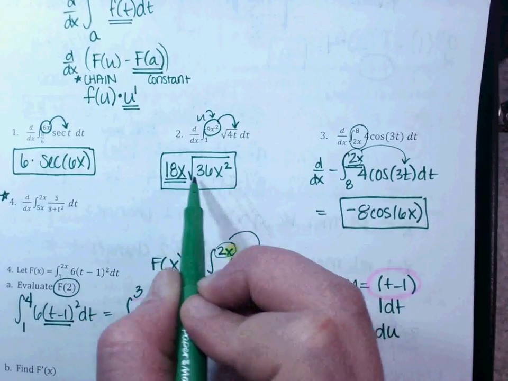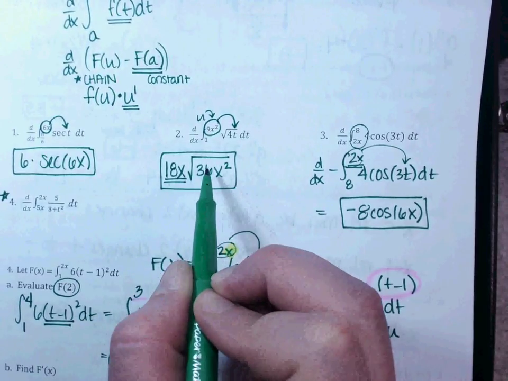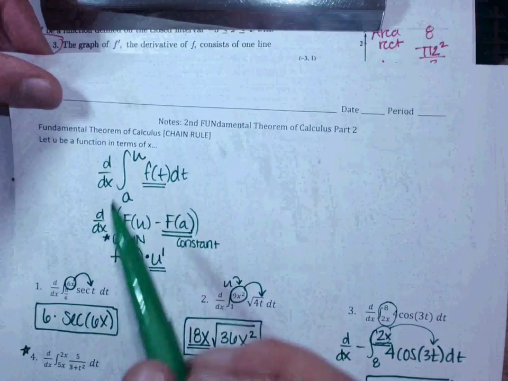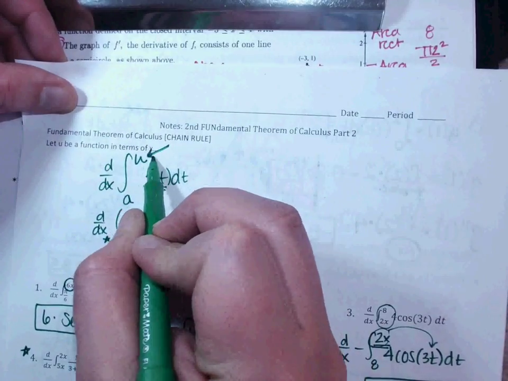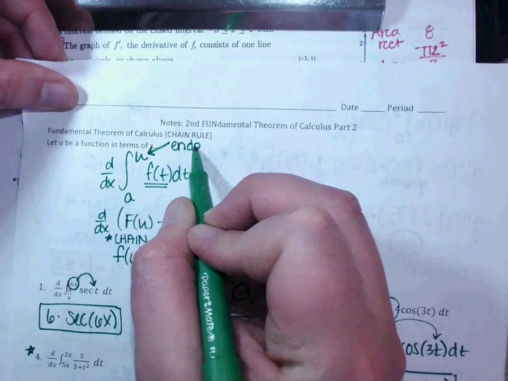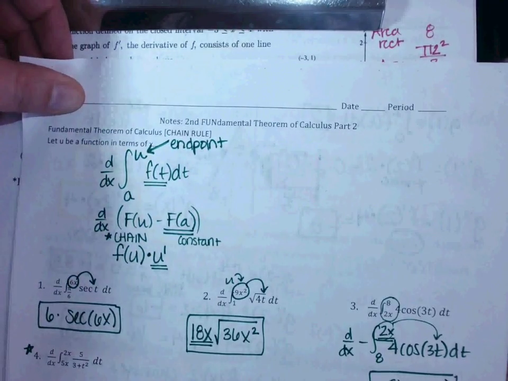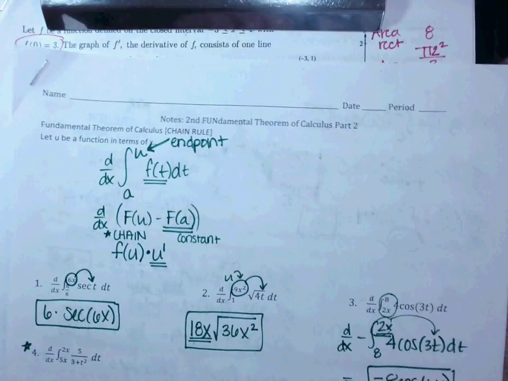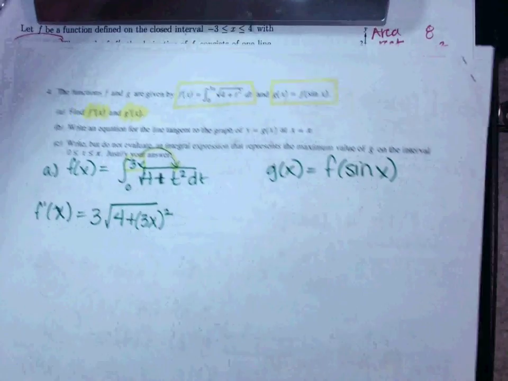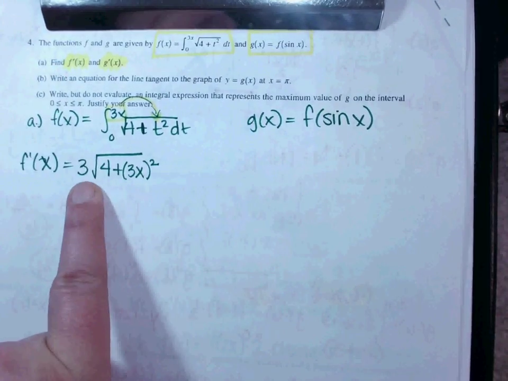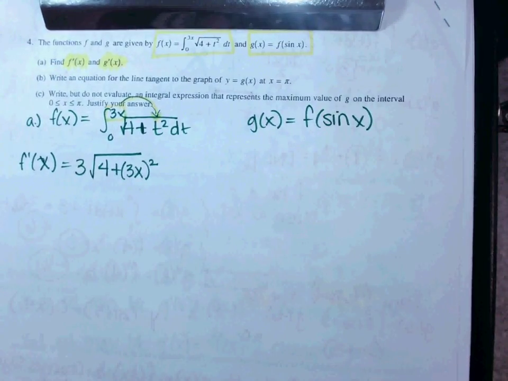You're not taking the derivative of this. You're taking the derivative of the end point. So look at your integral. U is the end point. Plug the end point in, then multiply by its derivative in front or in back, either one. Okay, so let's go back and look at our question. We plugged in our 3x and then we times by 3. Everybody good with that?